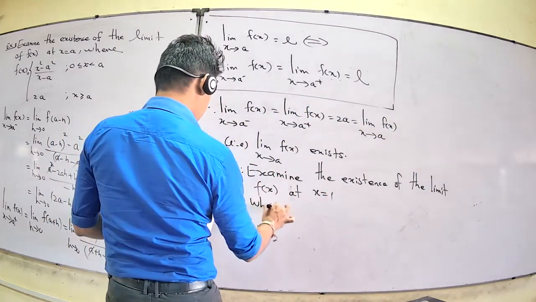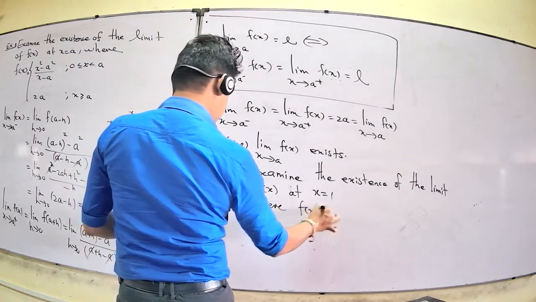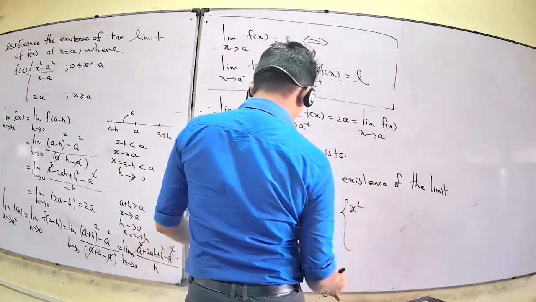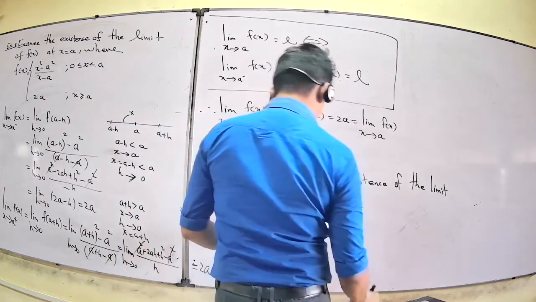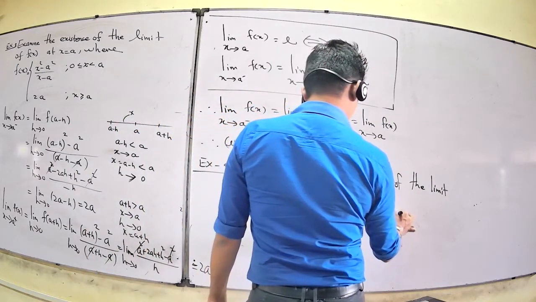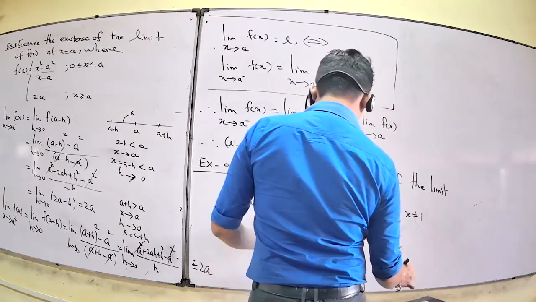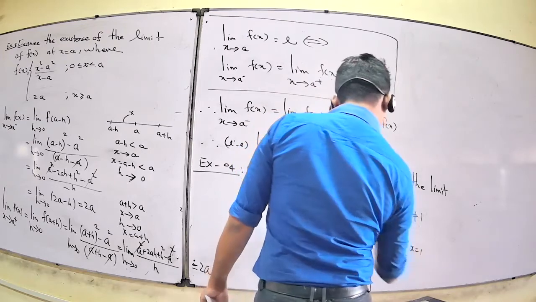Here your f(x) equals x squared when x is not equal to 1, and 2 when x equals 1.